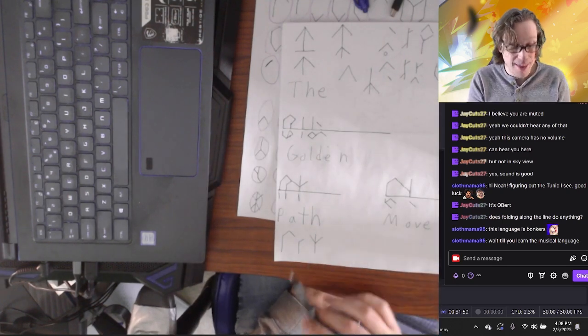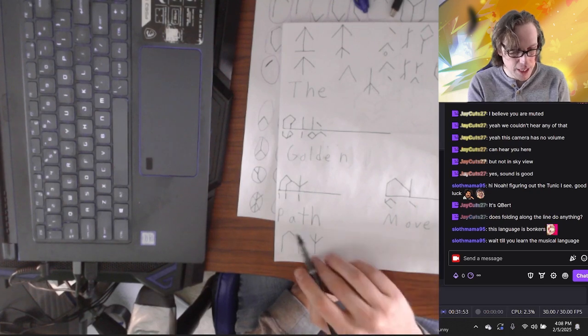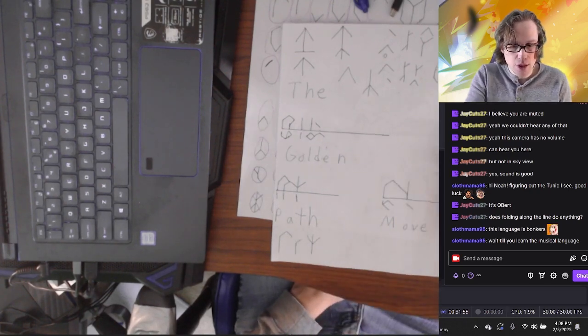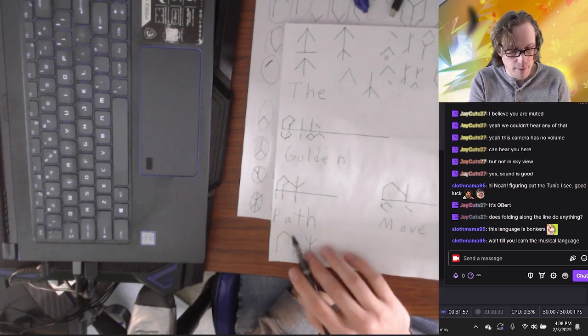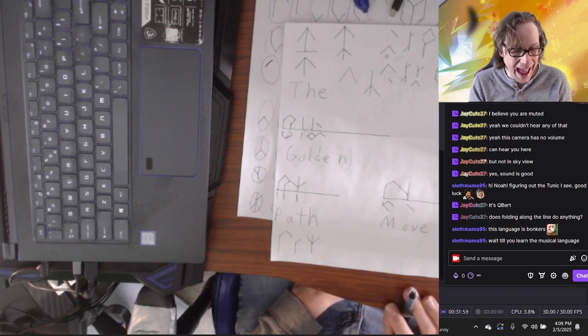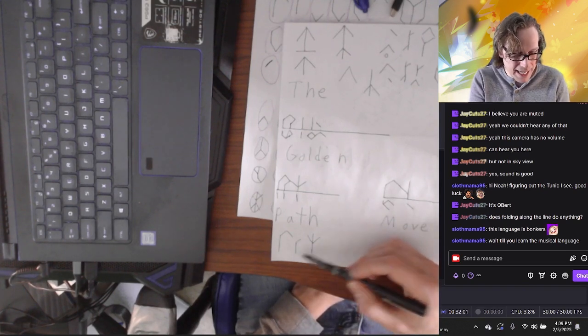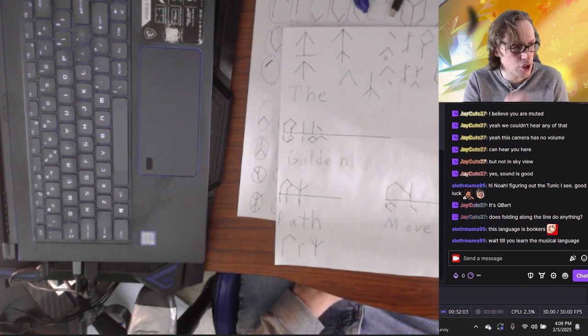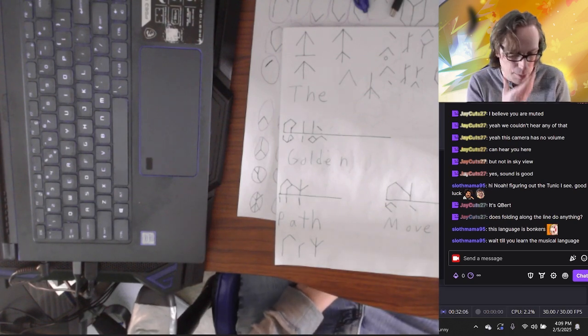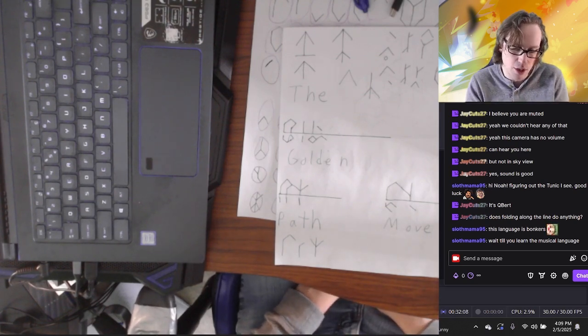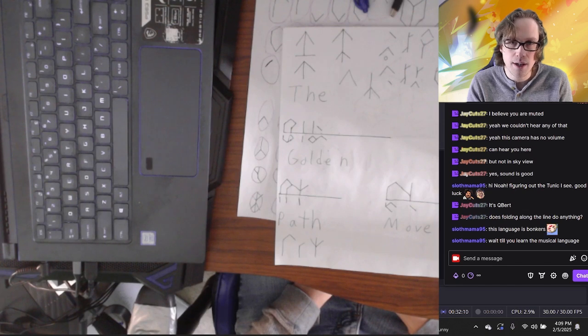The path. So the idea is that this is a short A, this is a long A, path. So then this would be P, and then this is somehow TH, but maybe it's not as stressed because it's at the end of the sentence.